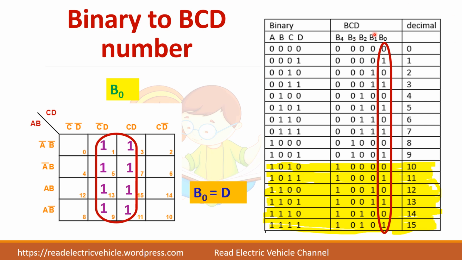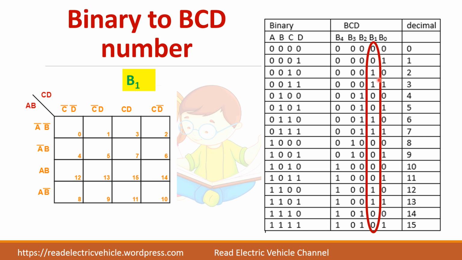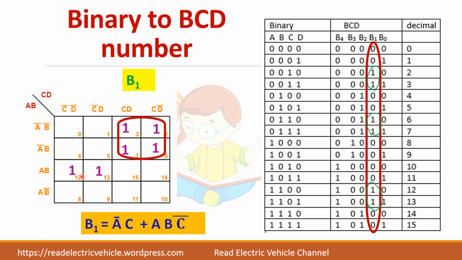Now we have to find for next variable B1. For B1, min terms 2, 3, 6, 7, 12, 13 have 1. So mark those things here. You can club all the 4 ones together, and these 2 ones can be clubbed together.